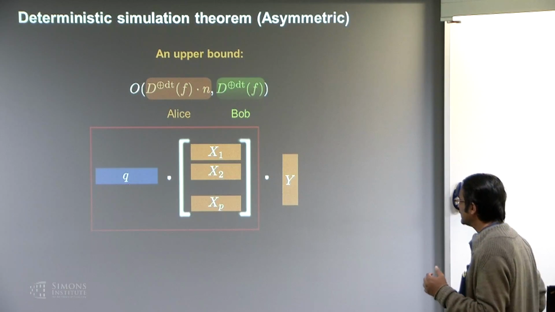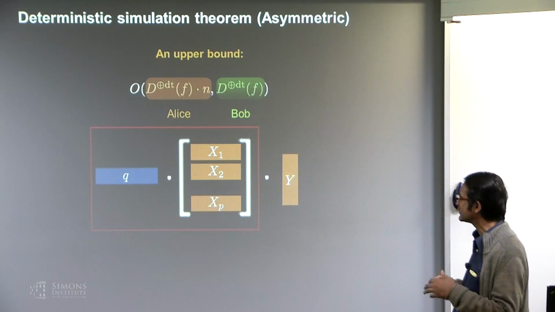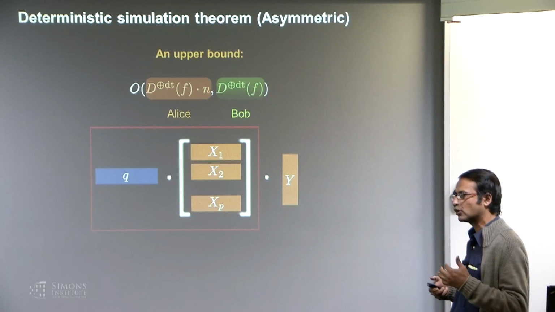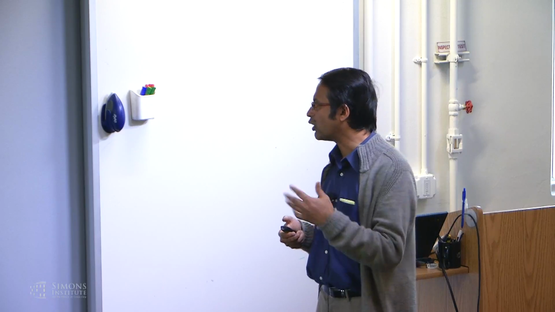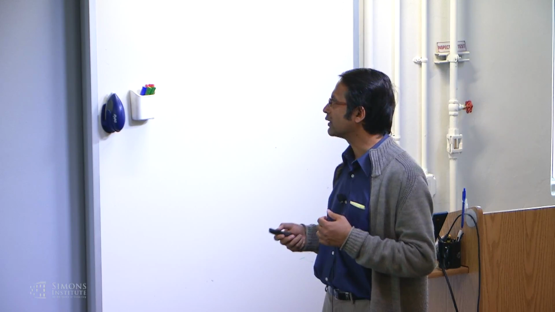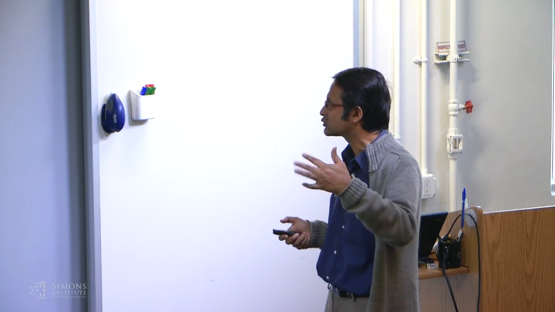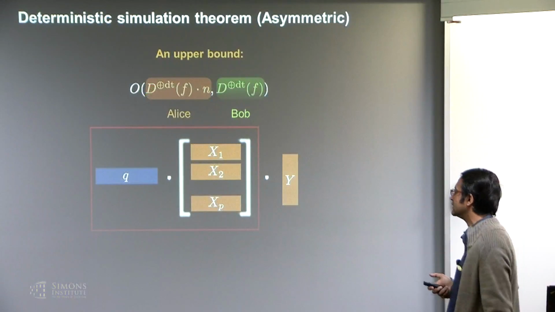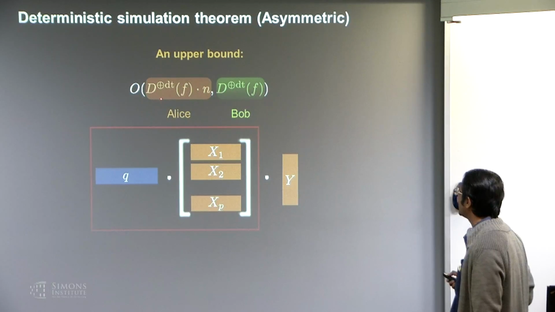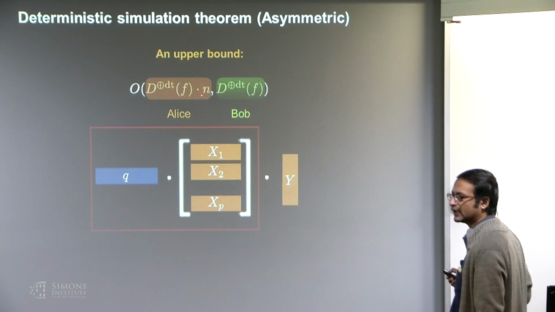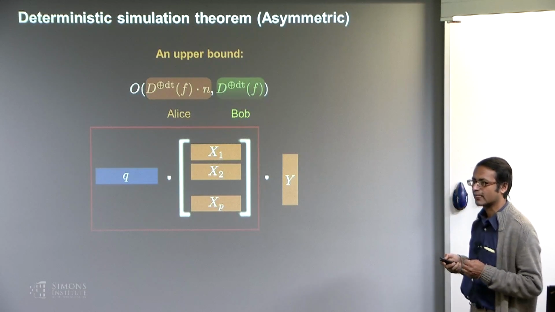So each query in the parity decision tree can be simulated by Alice doing the corresponding bitwise XOR of her matrix, and then transferring the result to Bob, and then Bob giving back the answer. They do this for each query, traversing down the parity decision tree. So in total, Alice communicates the parity decision tree complexity of f times n, and Bob just communicates the parity decision tree complexity of f. Is that clear?